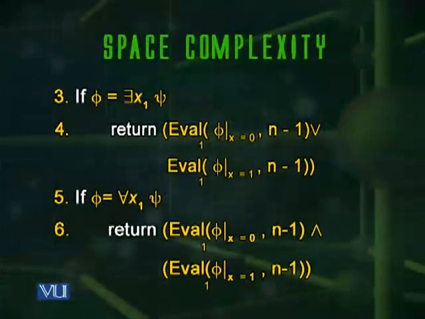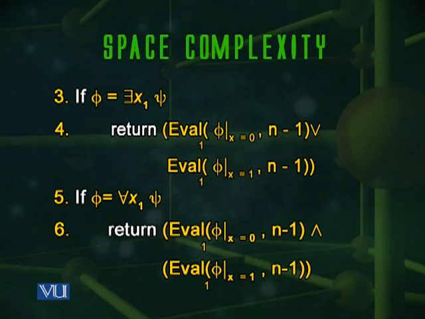If it's of the form there exists x1 psi, then we produce the first formula and recursively evaluate it, produce the second formula and recursively evaluate it, and use the Boolean connective to return the right value. So in algorithmic terms, we return eval of phi restricted to x1 equals 0, comma n minus 1, or eval of phi restricted to x1 equals 1, comma n minus 1. And this is what we do in the first case. So we're just simply following the definition.